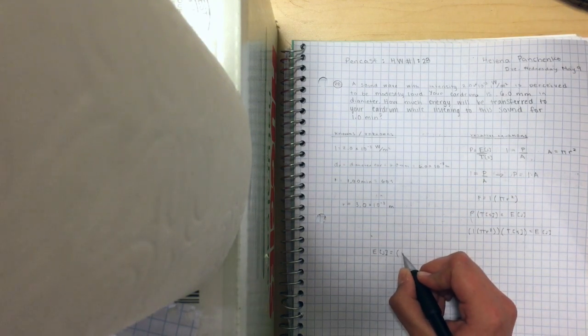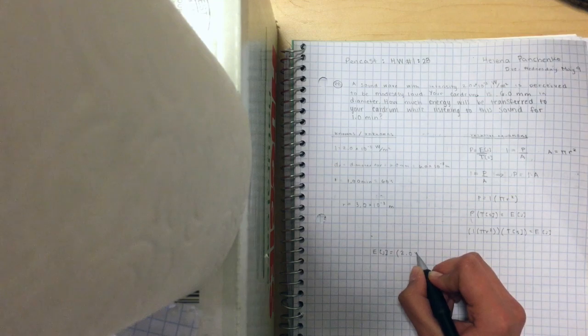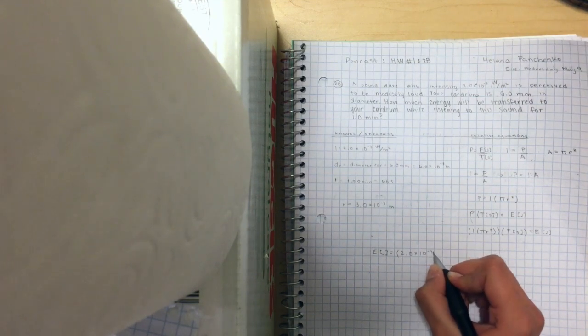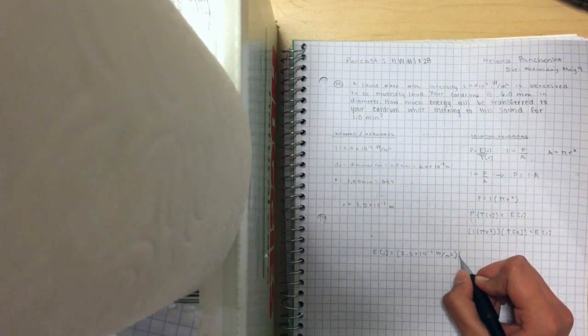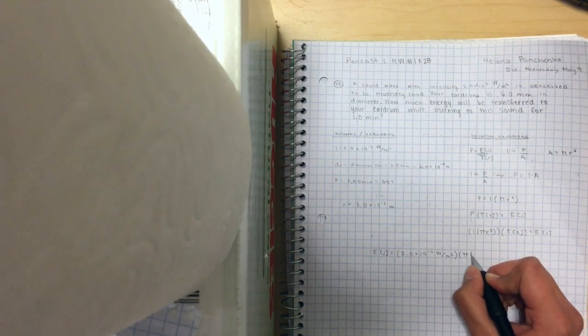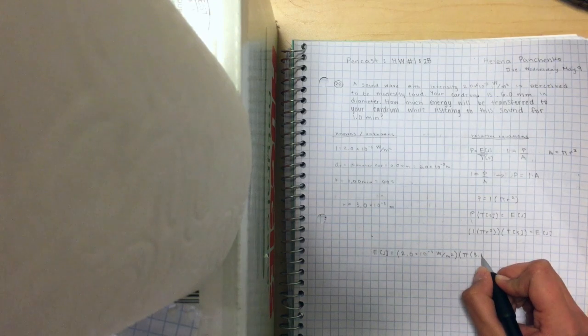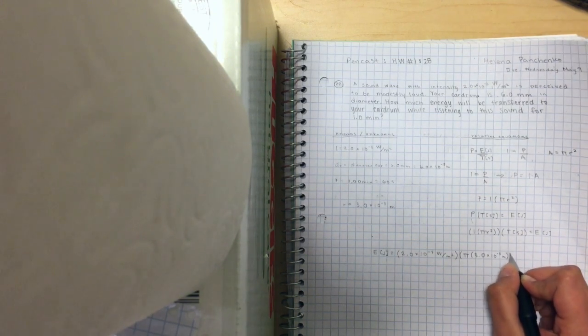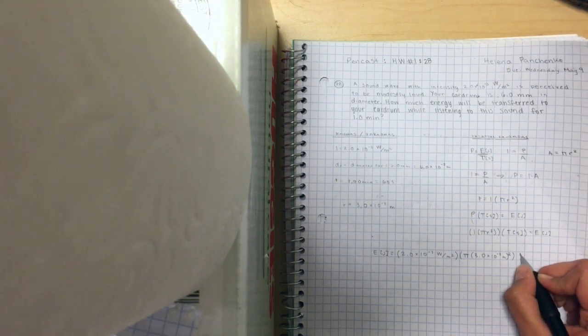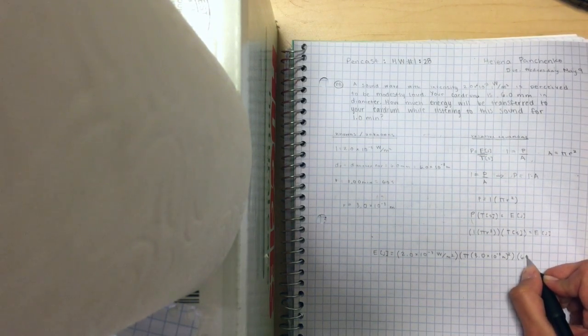So intensity is 2 times 10 to the negative third watts per meter squared, multiplied by pi times 3 times 10 to the negative third meters squared, times 60 seconds.